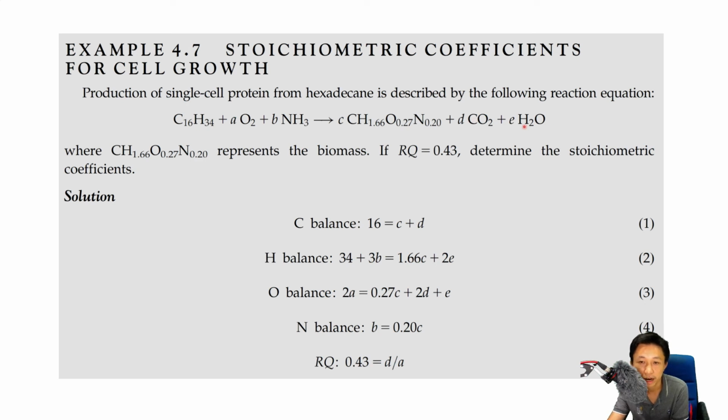This is hydrogen. Oxygen, 2 times A is equal to C times 0.27 and 2D here, and you have E. And nitrogen.